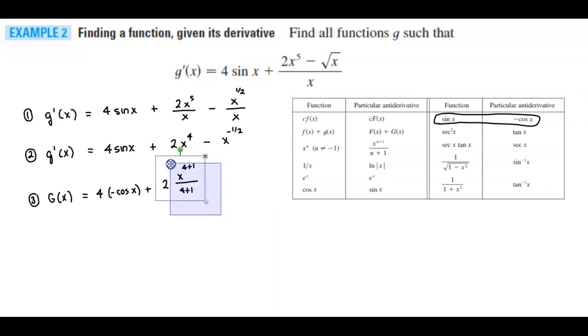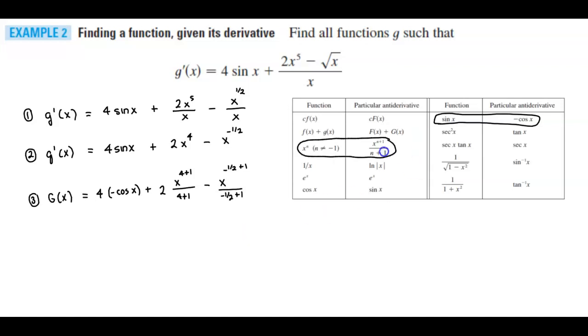And then minus, this is going to give us x to the negative 1/2 plus 1 over negative 1/2 plus 1, because again, we're using this antiderivative there.